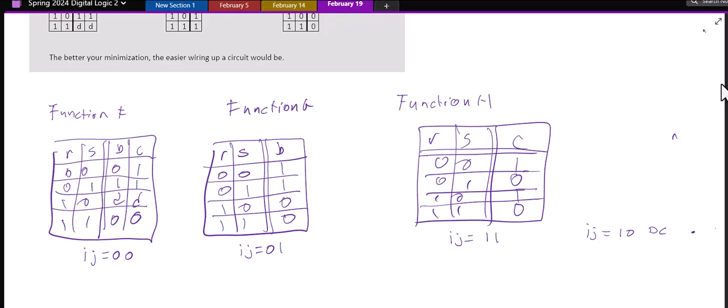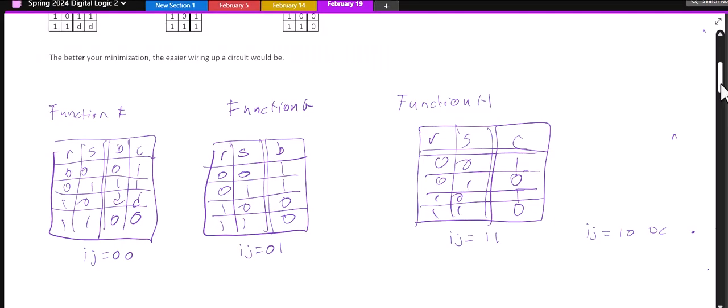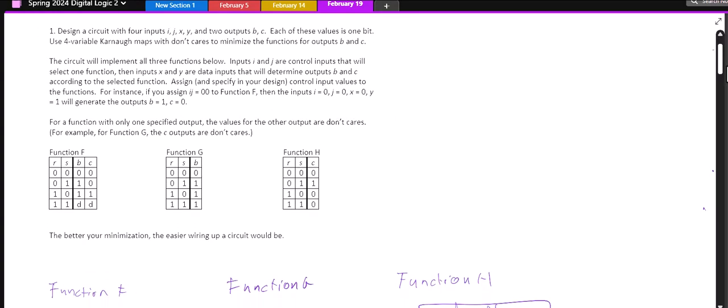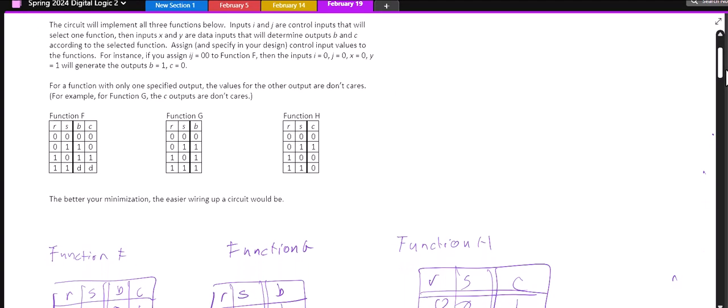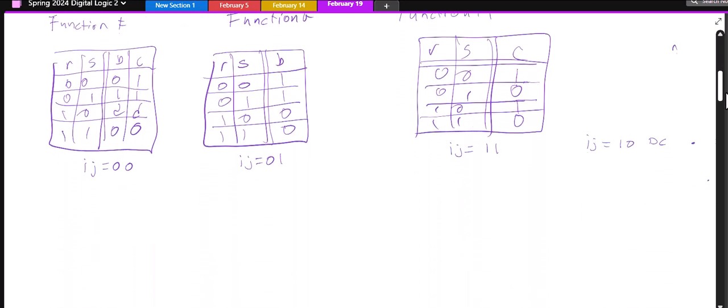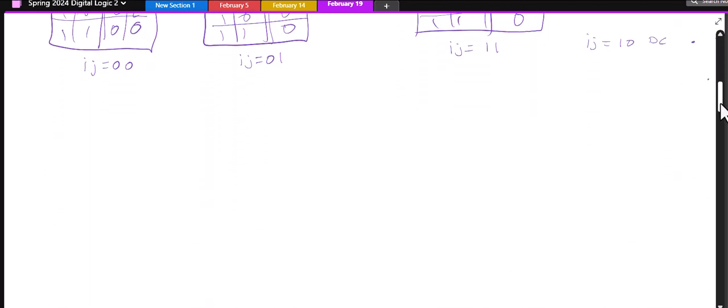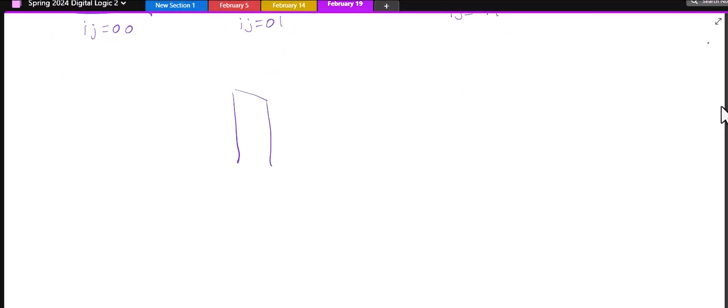Okay, so now let's see, how did we have steps on here? Okay, so what this means is we're going to have a multiplexer, a 4-to-1 multiplexer, and I and J are going to be our inputs to our multiplexer.